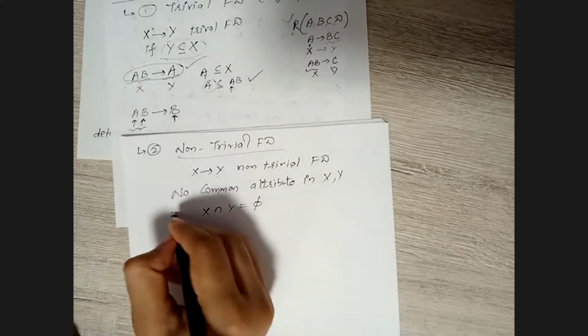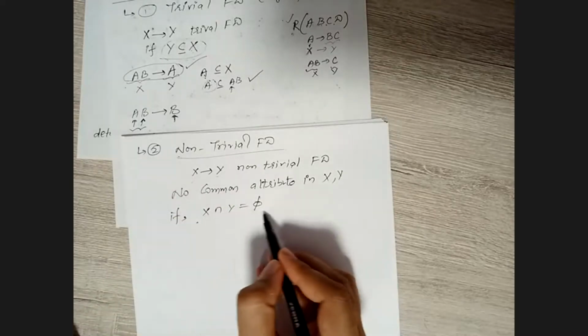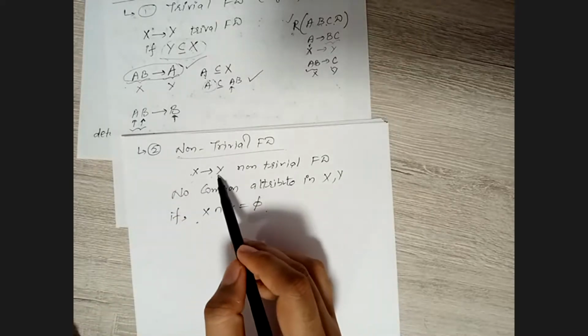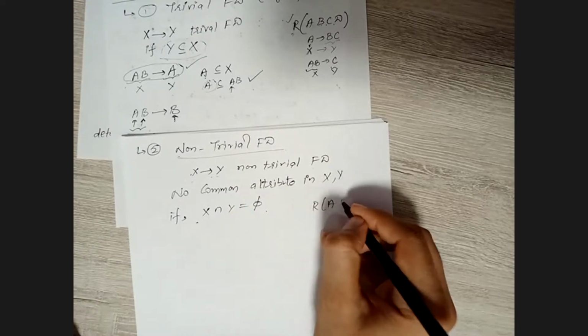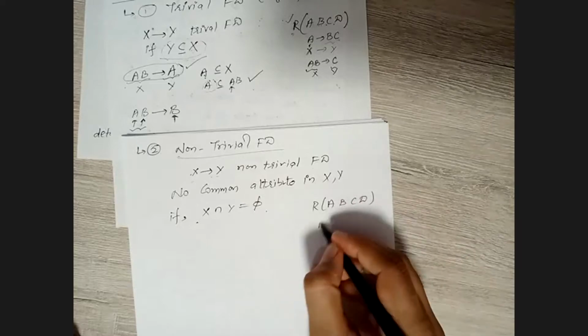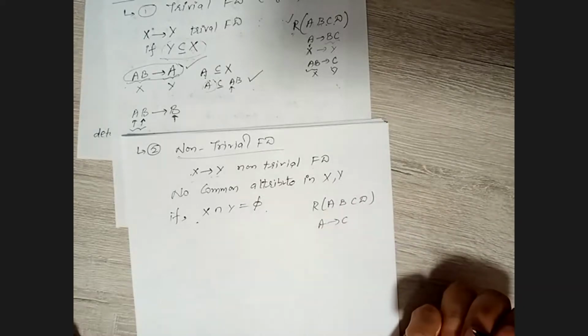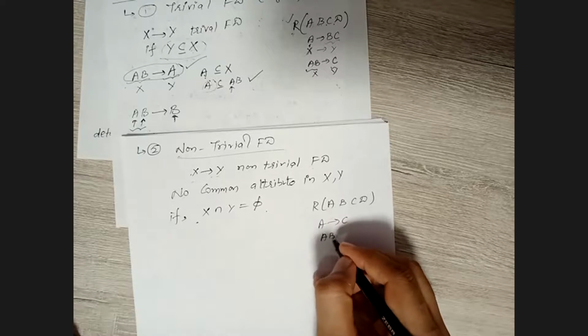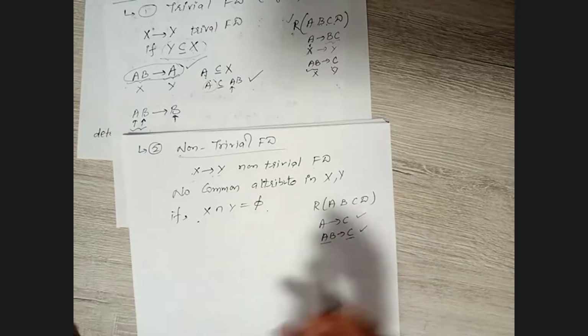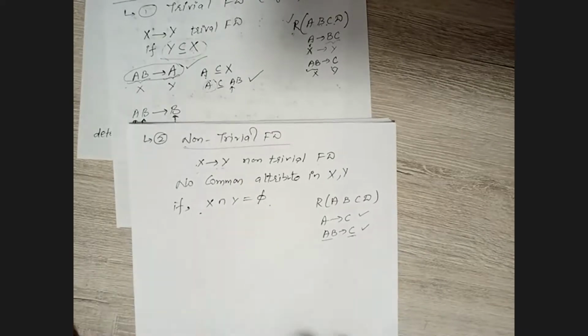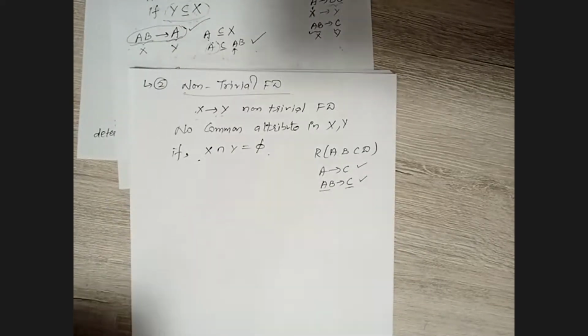This condition should be true. If it is, then X determines Y is a non-trivial functional dependency. For example, in the table with attributes A, B, C, D, if I say A determines C, or AB determines C, this is non-trivial, because there is nothing common on both sides. Understood so far?